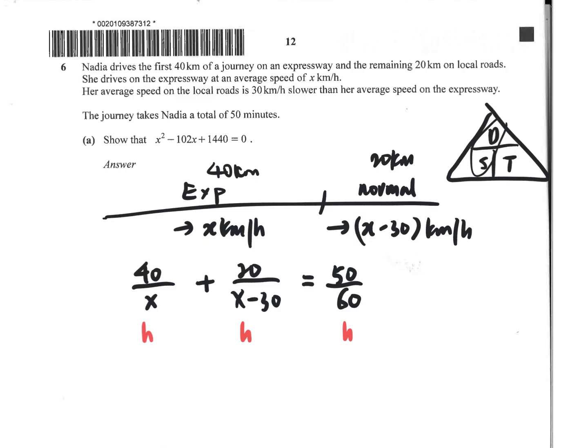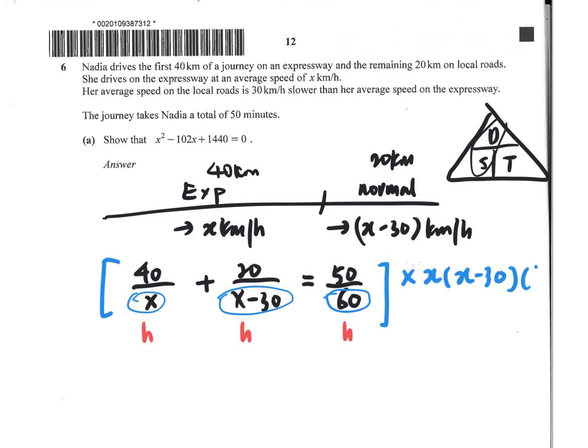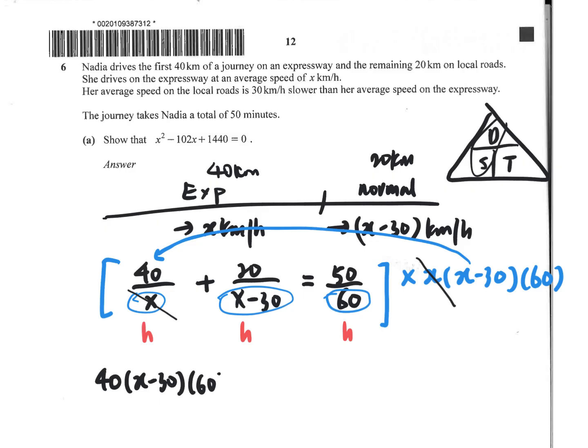Okay, then how to get rid of the denominator throughout? Remember I told you all, always multiply by the LCM. All the denominators you see here that are not repeating, you can multiply by them all together. For example, the first one, if you multiply by this, the X cancels out. So you will be left with 40 times X minus 30 times 60.